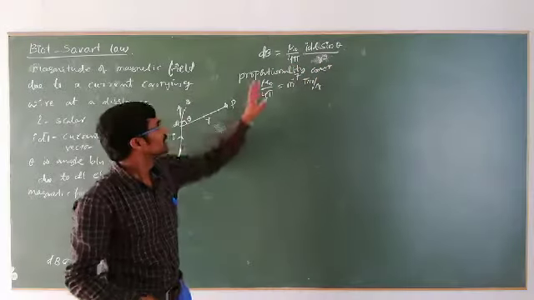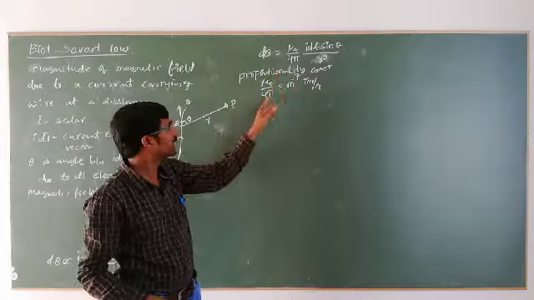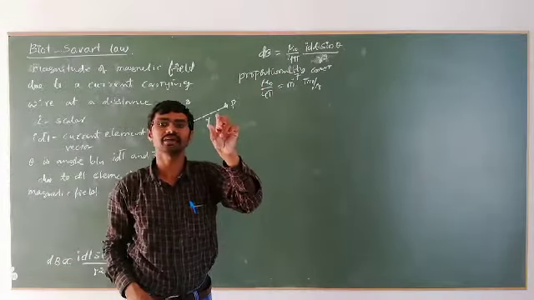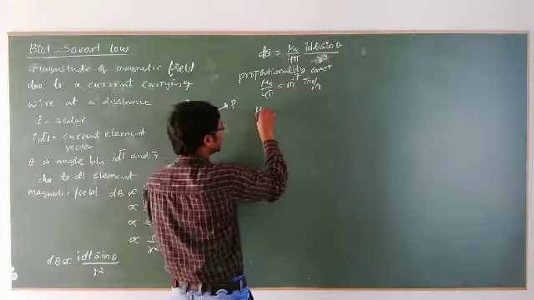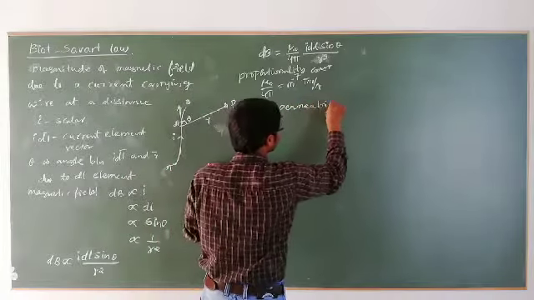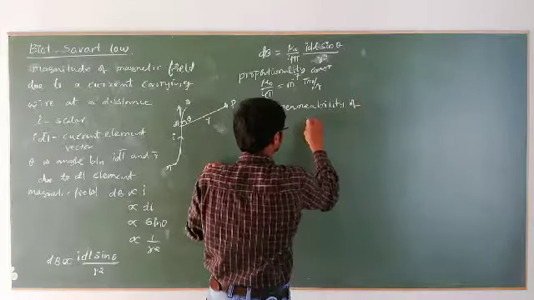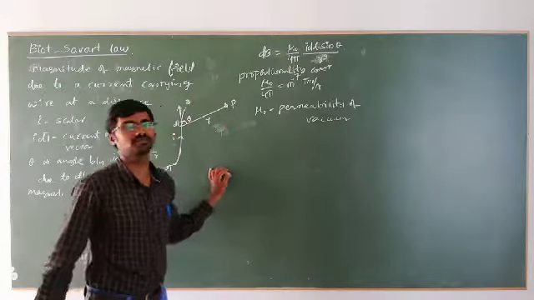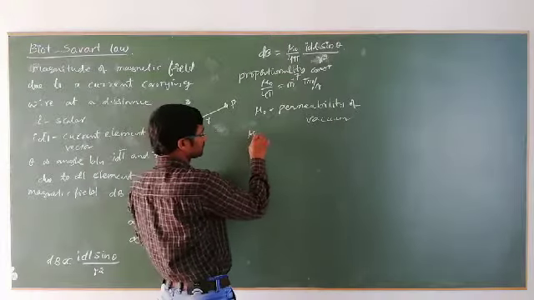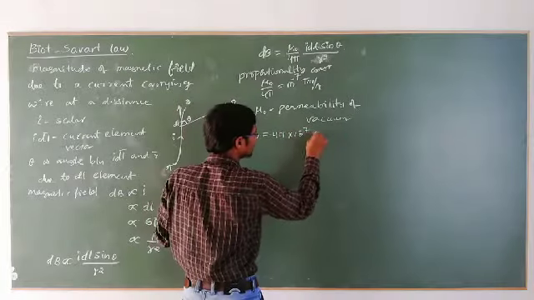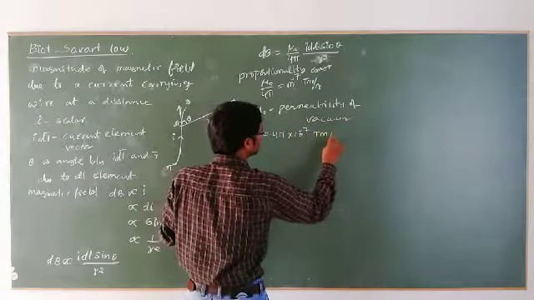Mu naught is the permeability of vacuum, or free space. And from this, mu naught is equal to 4 pi into 10 power minus 7 Tesla meter per ampere.